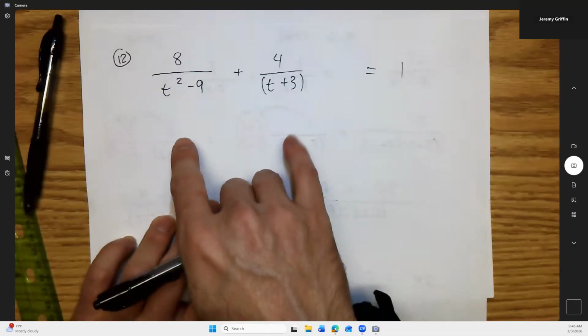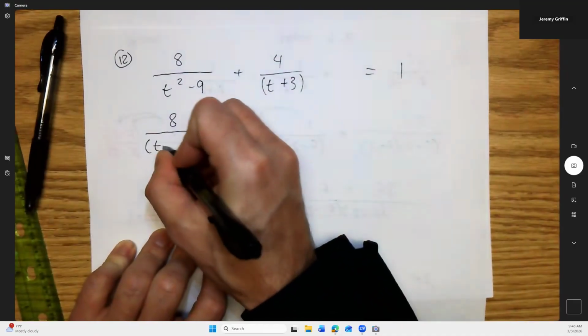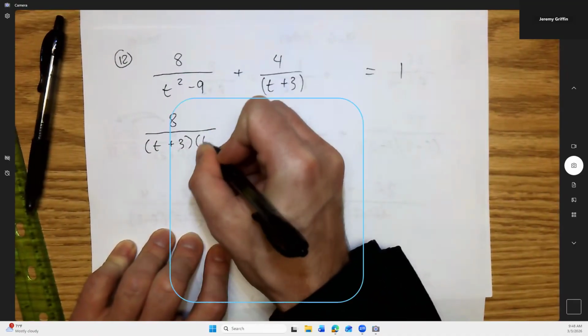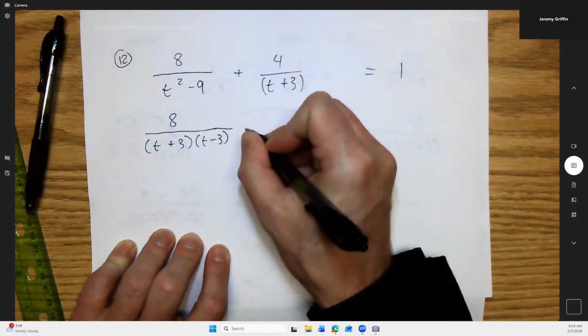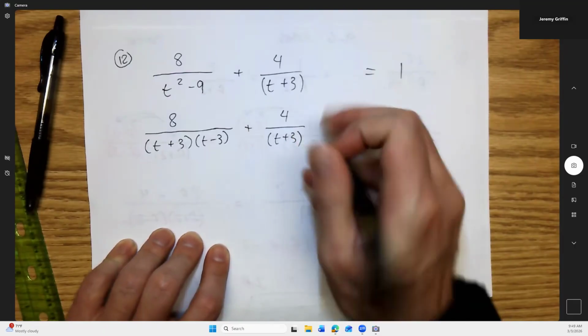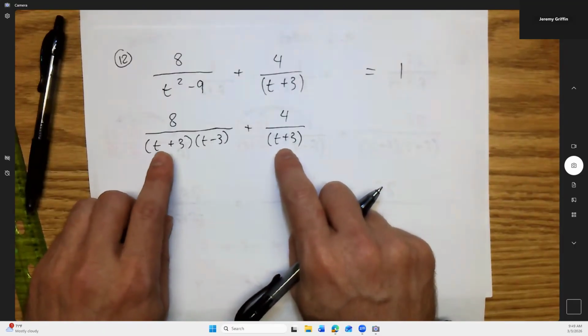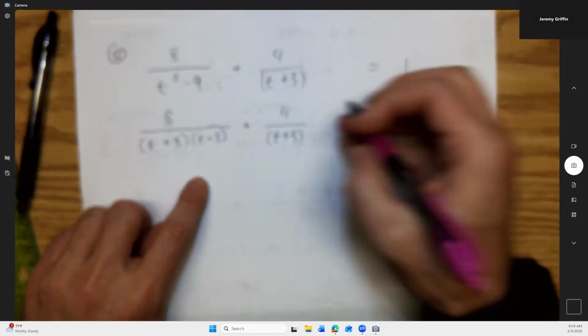Now, the first denominator, I think you guys can factor that as t plus 3, t minus 3. And then plus this fraction, 4 over t plus 3. But oh, hey, the second fraction has a denominator that looks like part of the first denominator. We could get a common denominator right here.